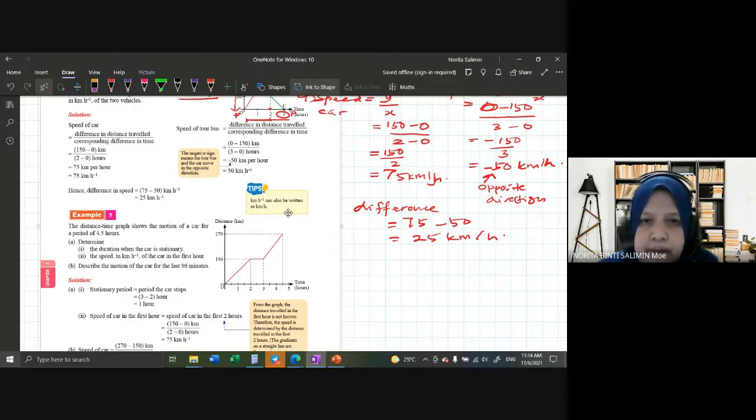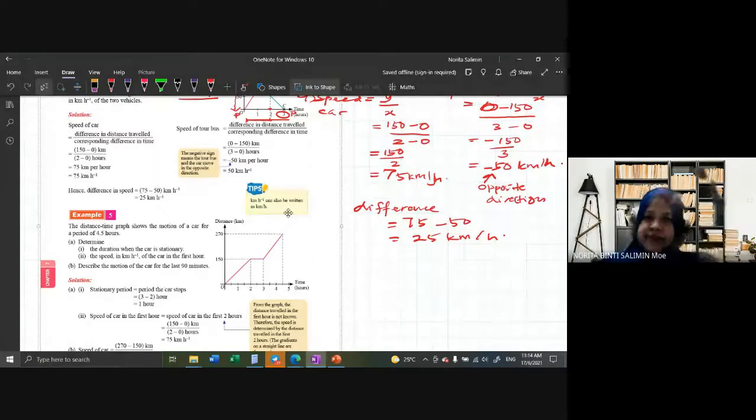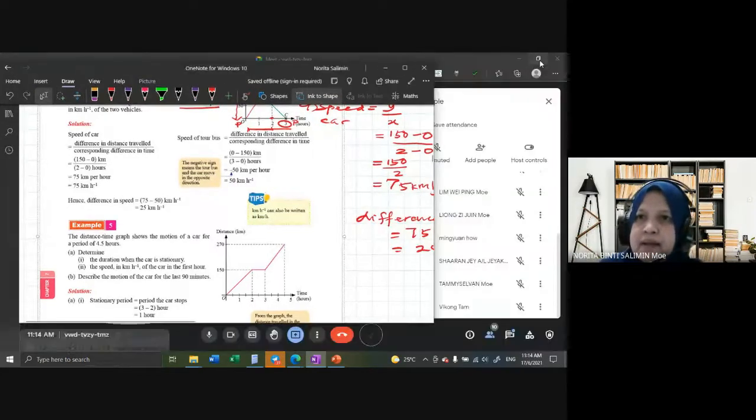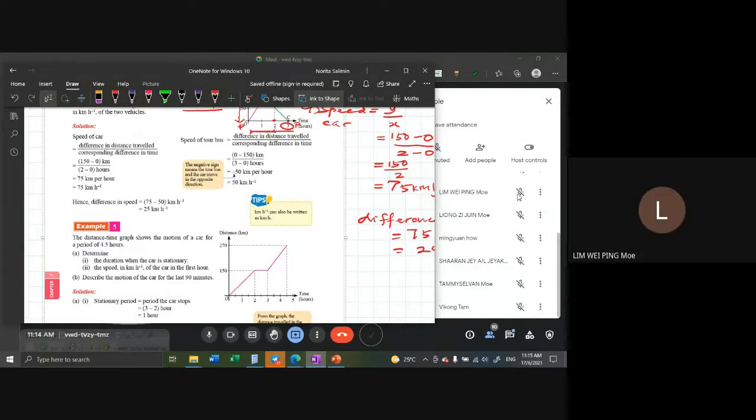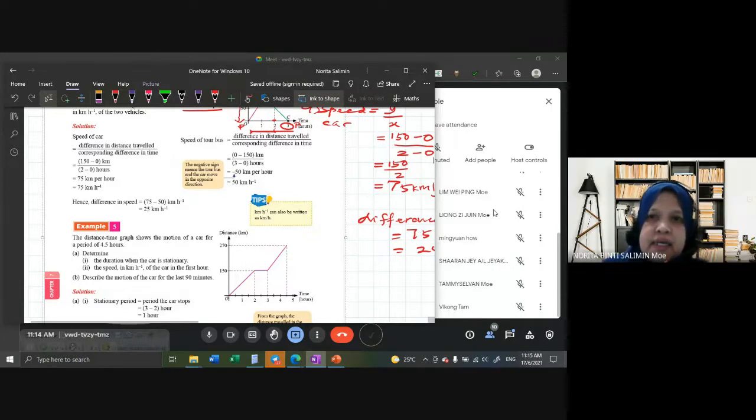Can you read for me? Okay, Lim. Lim, can you read example 5 for me? I don't know, teacher. Okay.